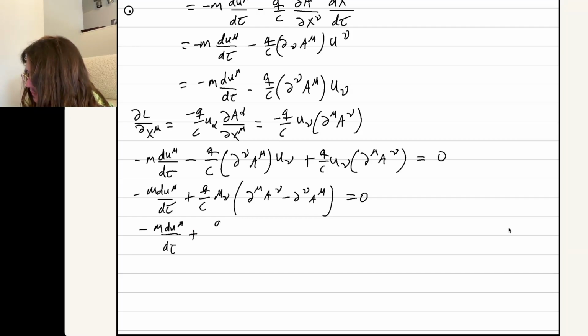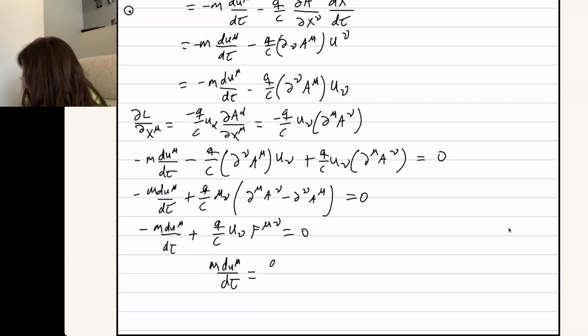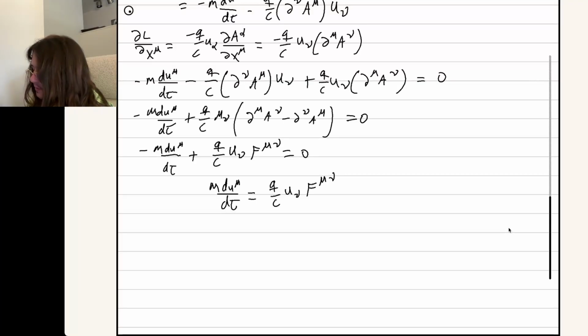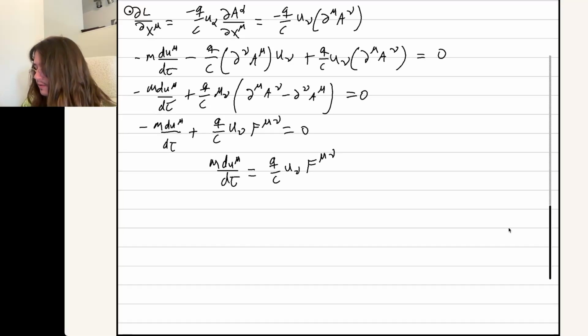So we'll collect it like this: u_ν F^μν. And we can write as a final expression for the equation of motion something like this: m du^μ/dτ = q over c u_ν F^μν. That's the covariant equivalent of the Lorentz force equation.